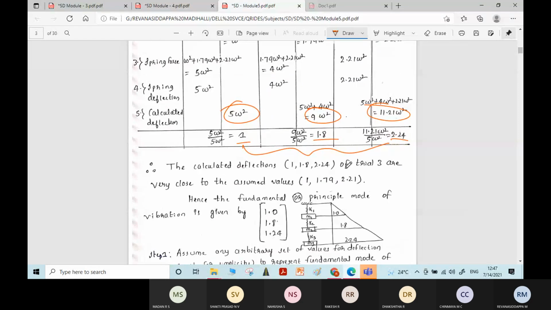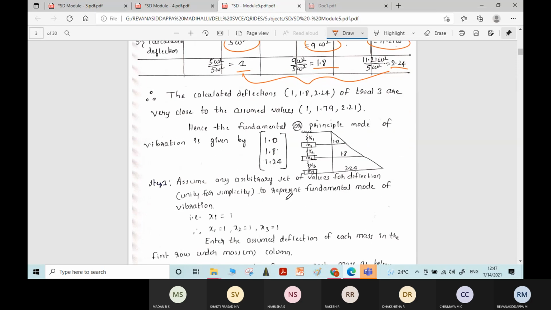Finally you need to write the conclusion. The calculated deflections 1.8, 2.24 of trial 3 are very close to the assumed values. Hence the fundamental mode of vibration is 1, 1.8, 2.24, that you need to mention. This is the way we find the mode shapes.